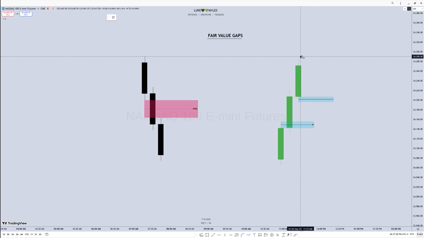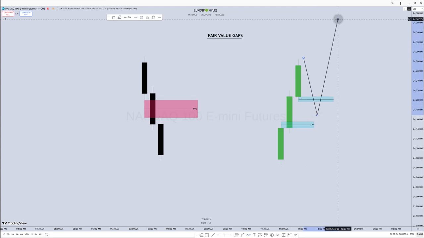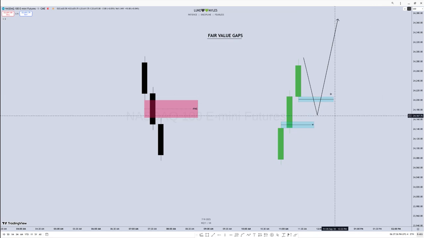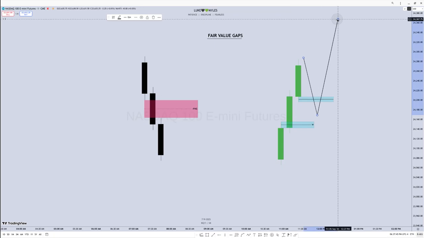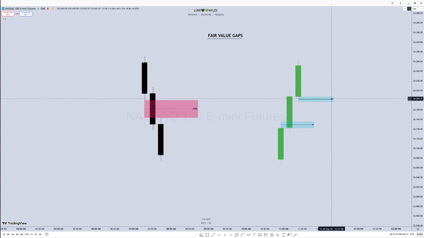What will the market want to do? The market will want to drop lower and fulfill these buy orders before continuing higher. That means the orders that were in this fair value gap will sponsor the move that comes from it going higher to the intended extremity. I hope you get me.